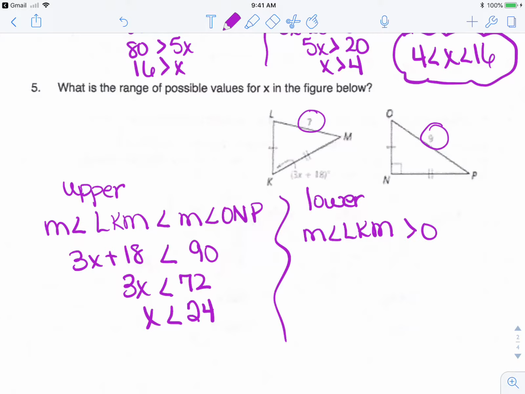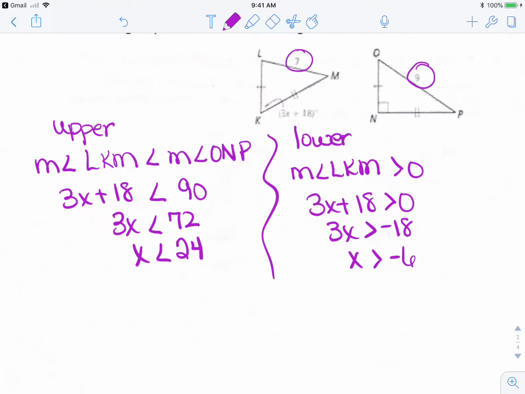So I will plug in 3x plus 18 again, which is going to be greater than 0. Solve for x, and x is going to be greater than negative 6.